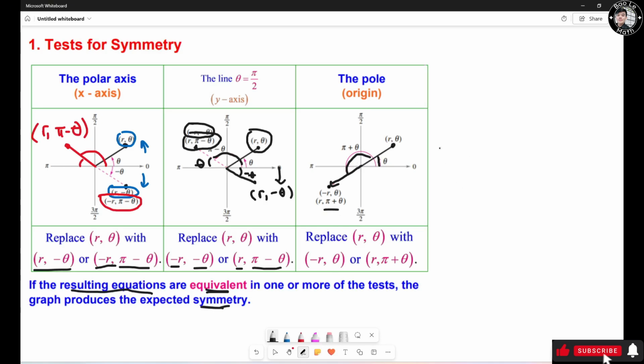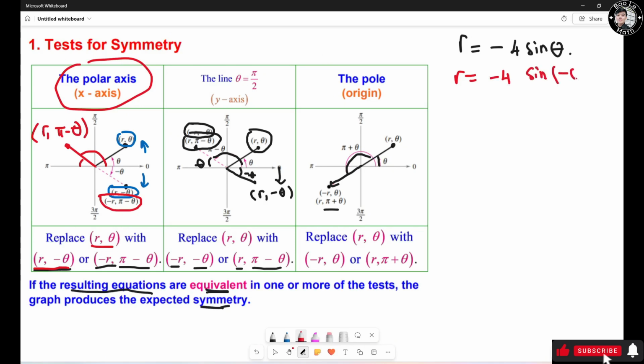Now, let's take a look at the first example. We need to test the function r equals negative 4 sine theta. The first one, we need to test for the polar axis, so we replace (r, theta) with (r, negative theta). So I have r equals negative 4 sine of negative theta.